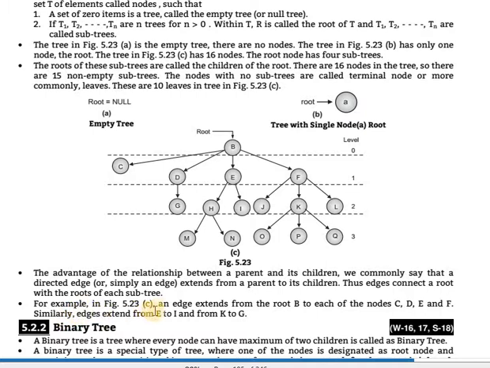For example, in figure C, edges extend from the root B to each of the nodes C, D, E, F. Similarly, edges extend from E to I and from K to G. So in that, B is the root node and its children nodes are C, D, E, F.